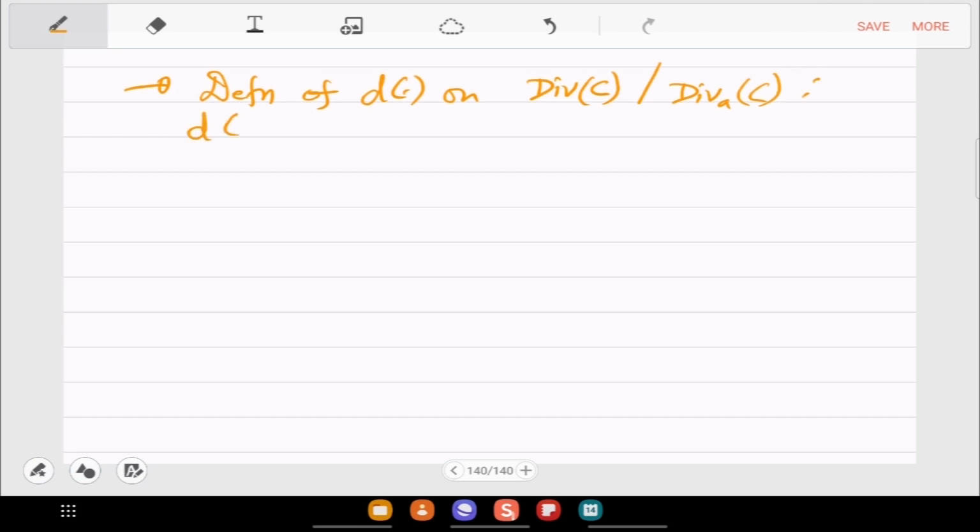The issue is the following. You can now have not only a divisor D, but you can add any rational function x, because D plus x and D should be the same in this CLC. But how do you define degree so that the degree of D plus x and D is also the same no matter what x is?